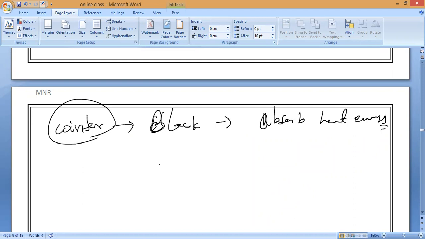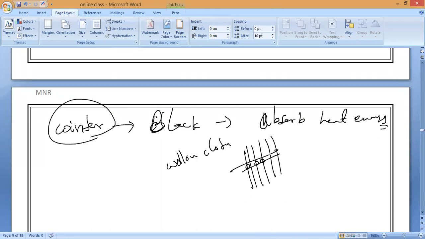We will wear woolen clothes, because woolen clothes are made up of hair. So you can notice that between the particles there will be a gap. That gap is filled with trapped air.